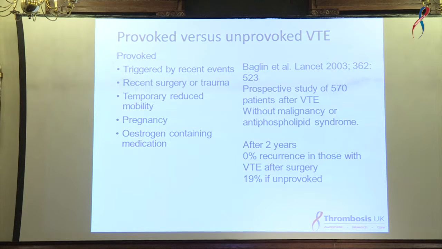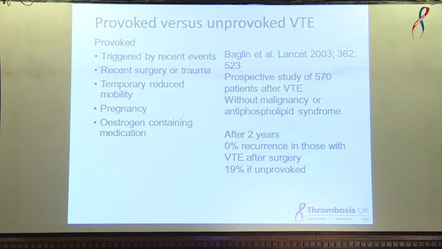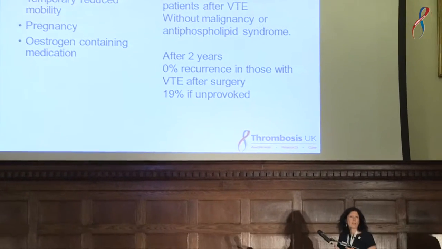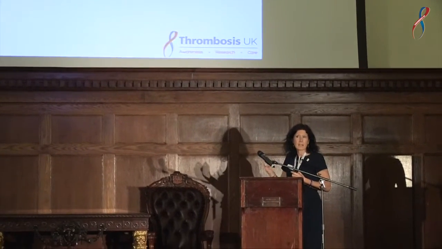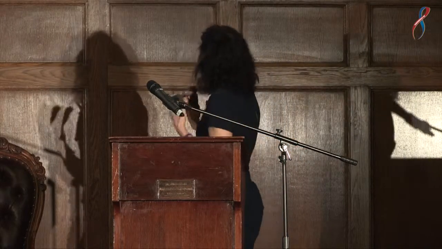They gave them the normal treatment with warfarin, stopped the treatment, and followed them up for 2 years. And they found that in those who'd had a provoked event, nobody had another blood clot. Whereas in those that had had unprovoked events, so something probably going wrong in their blood within, 19% had another clot.